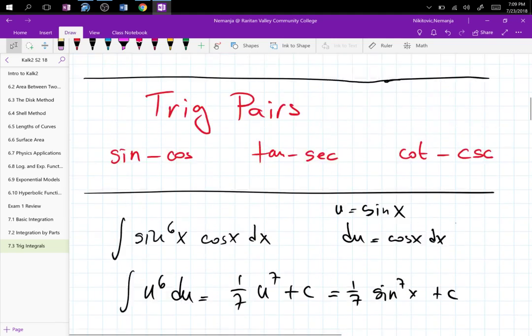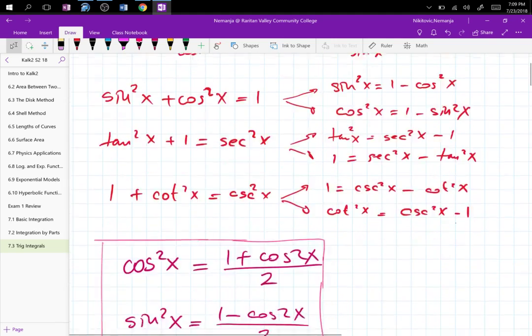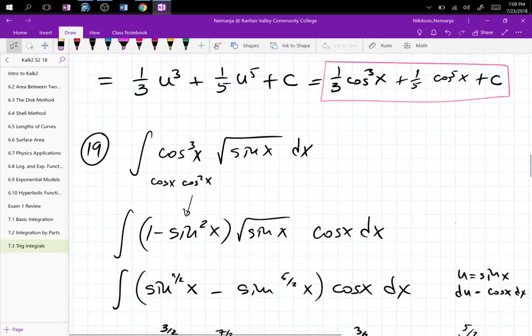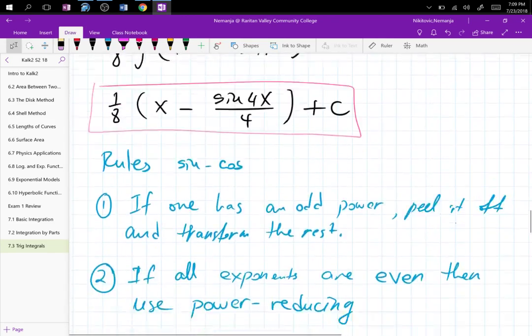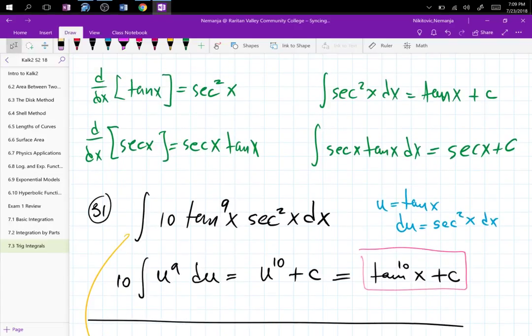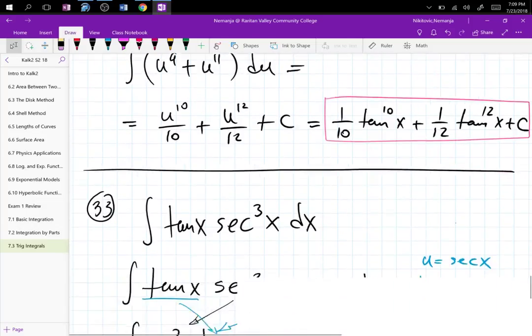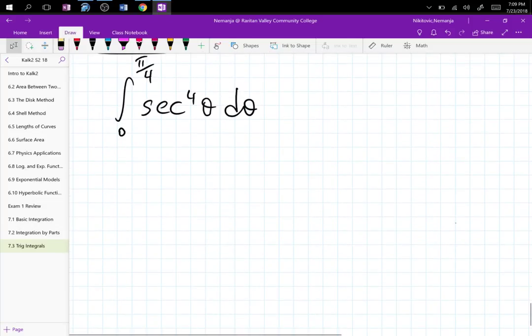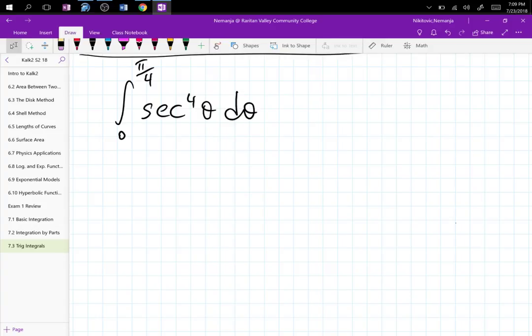So the formulas here in green also work for the cotangent cosecant pair, except all of them are negative on the other end. All the mathematics and steps from problems with the same exponents and the same kind of look are going to be the same, except minus signs will float around differently. So just be careful about that. The rest is the same.